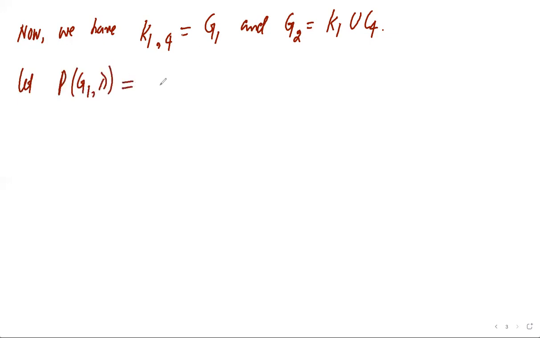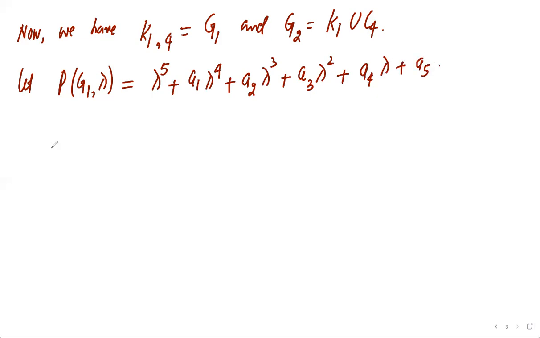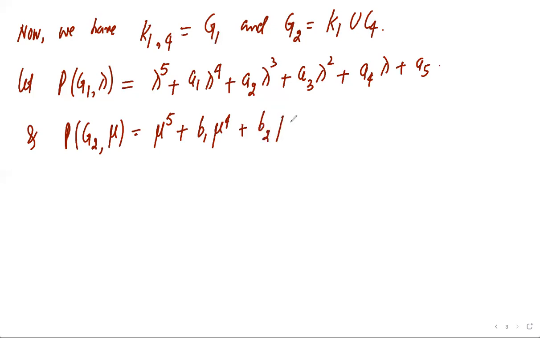This is equal to lambda^5 + a1 lambda^4 + a2 lambda^3 + a3 lambda^2 + a4 lambda + a5. Similarly, let P_G2(mu) be equal to mu^5 + b1 mu^4 + b2 mu^3 + b3 mu^2 + b4 mu + b5.